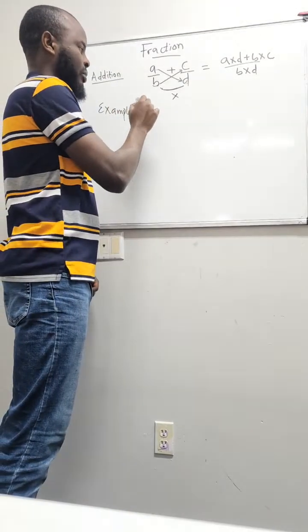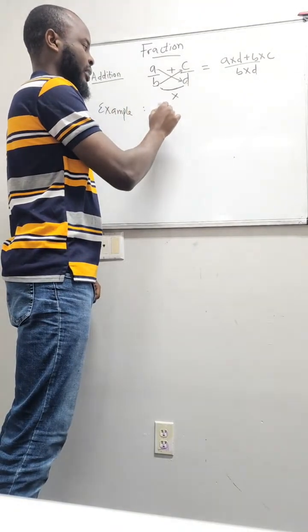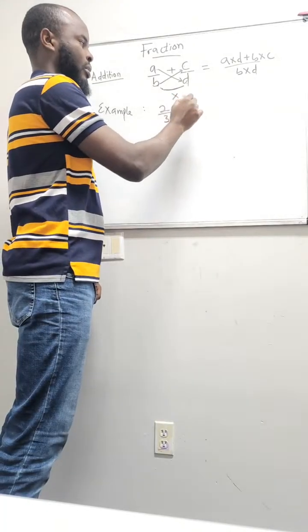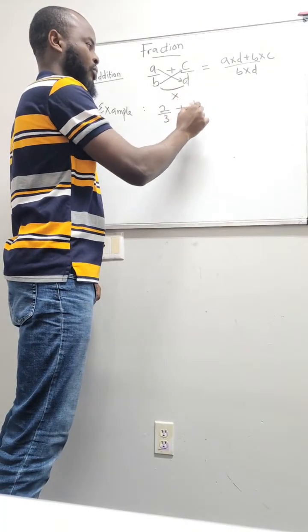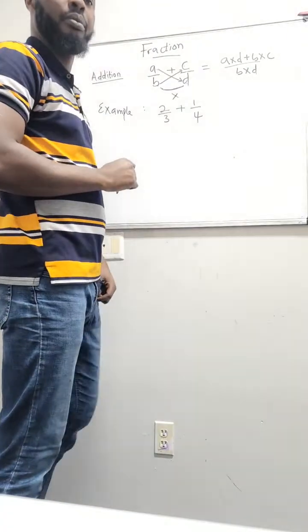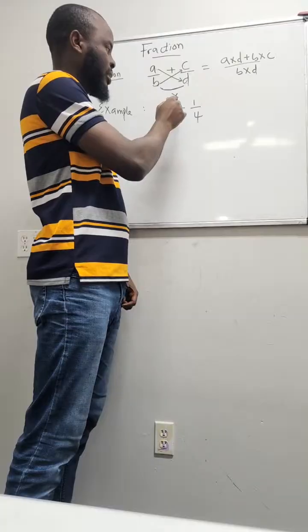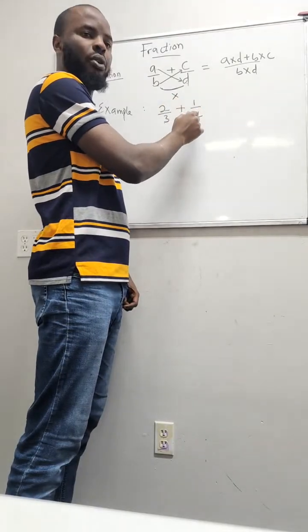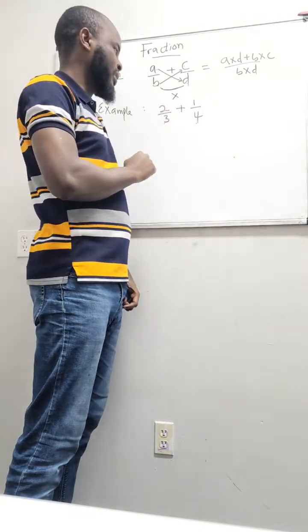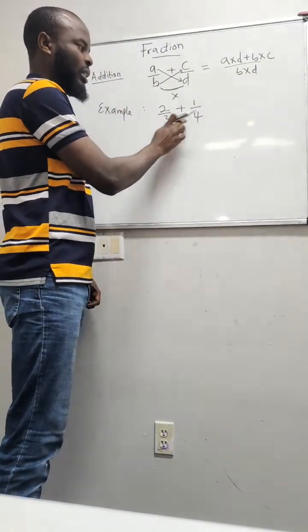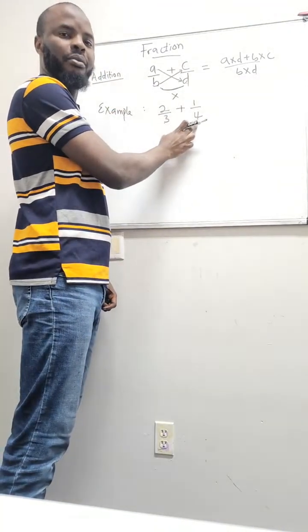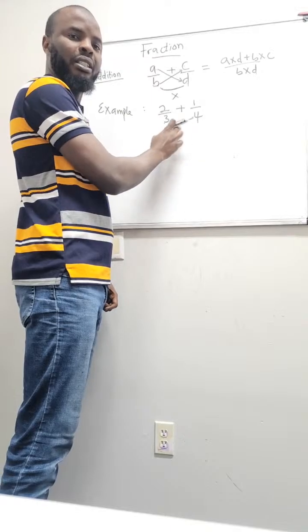Now let's look at this example. Here we have 2 over 3 plus 1 over 4. You can see that the denominators are not the same. Here we have different denominators.